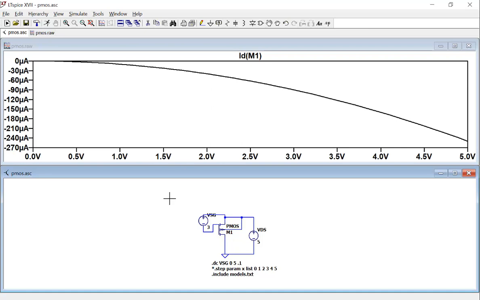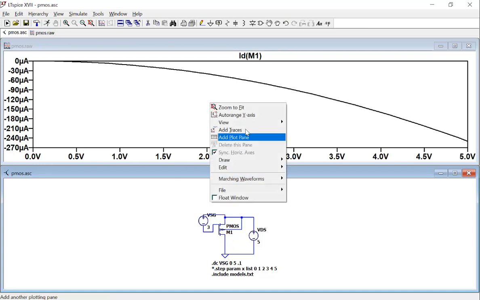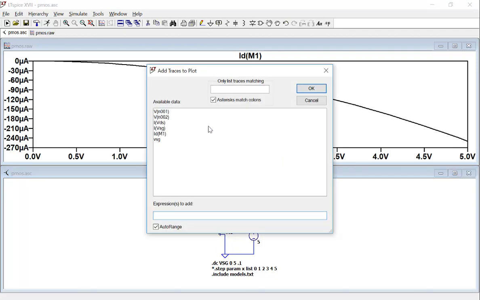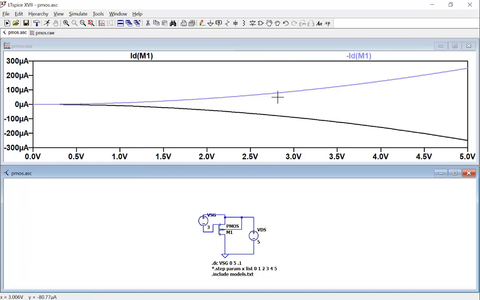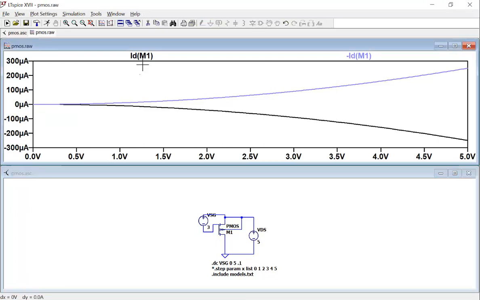How to do that? Right click, and edit the expression. You put a minus sign in front of it: minus ID, right? You delete the blank one.